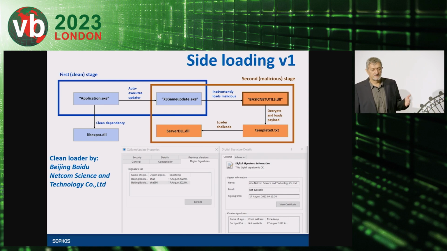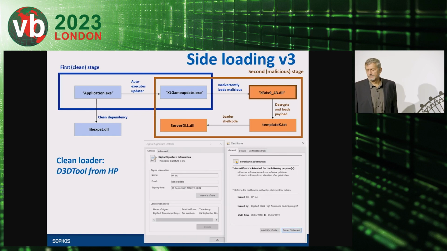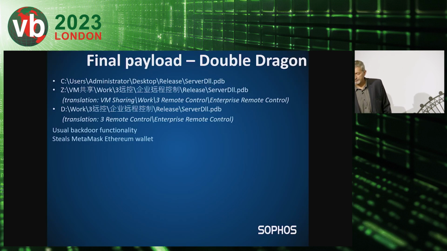In this case, it was an application from Baidu. In other cases, it was the Kingdom Two Crowns game. And in the third case, it was a tool from HP. And in the three cases, obviously, they had to rename the malicious DLL because these clean executables had different dependencies, different imported DLLs, but the final payload and the encrypted payload file remained the same.